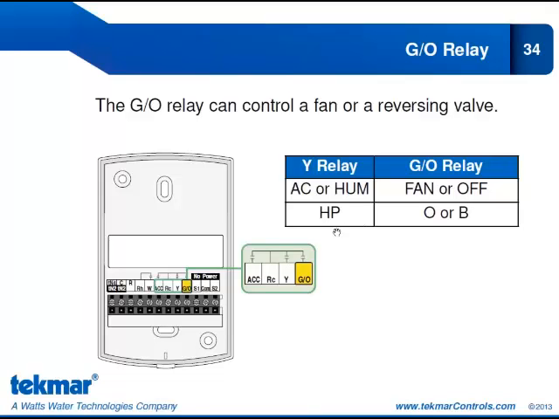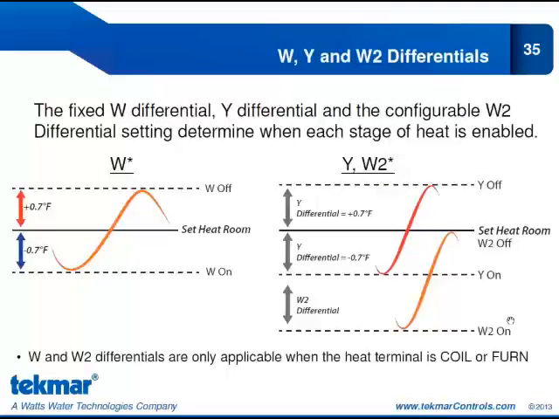If you set your Y relay up for heat pump, then your GO relay options are restricted to O or B. So what you see is your options for the GO relay depend on how you've already set up the Y relay. Now let's take a look at the differentials.